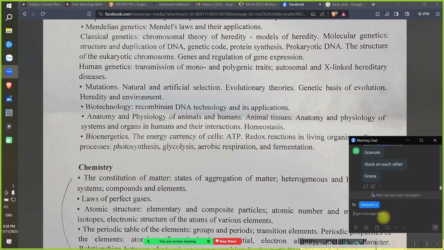The light-dependent reaction occurs inside the thylakoid within the chloroplast, and the dark reaction or Calvin cycle occurs in the stroma of the chloroplast.